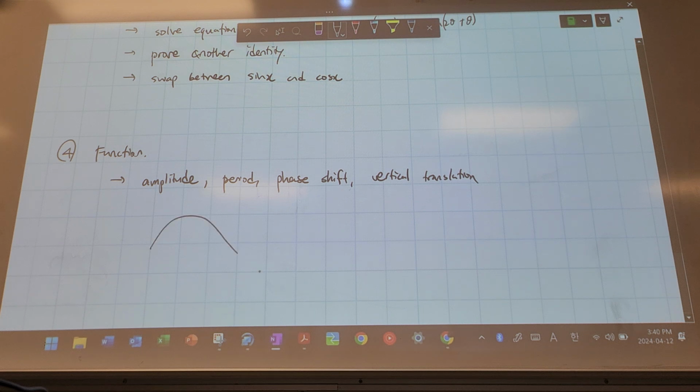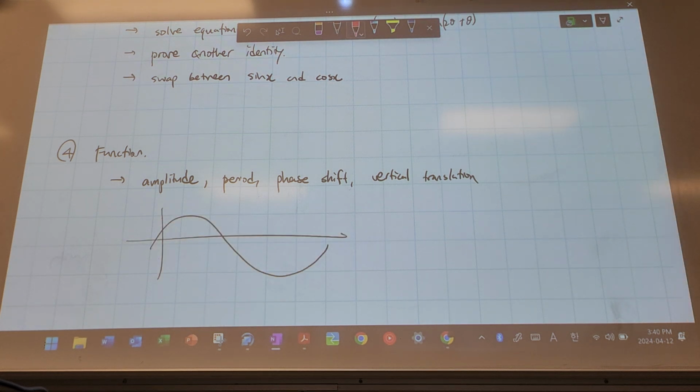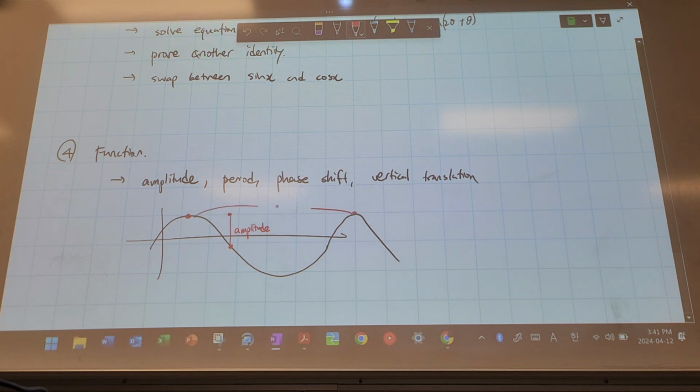So if you have a function like this, the amplitude is found by finding the distance from the middle, right? And the period is measured by finding the distance from one peak to the next peak. And we also know the phase shift and the vertical translation as well.